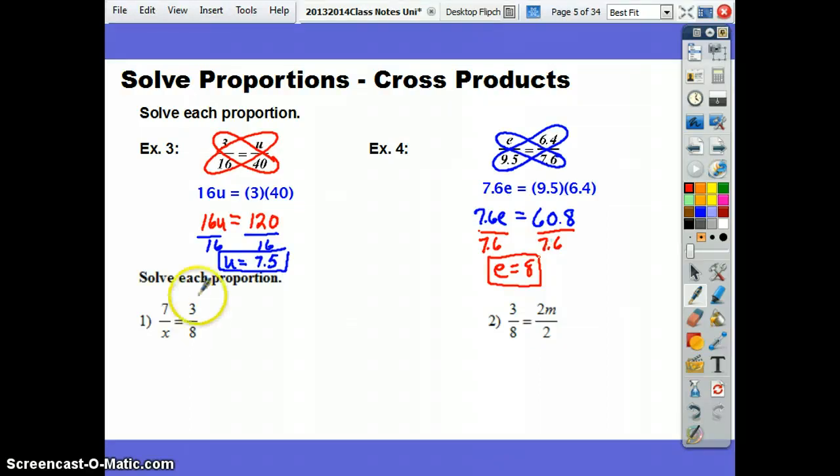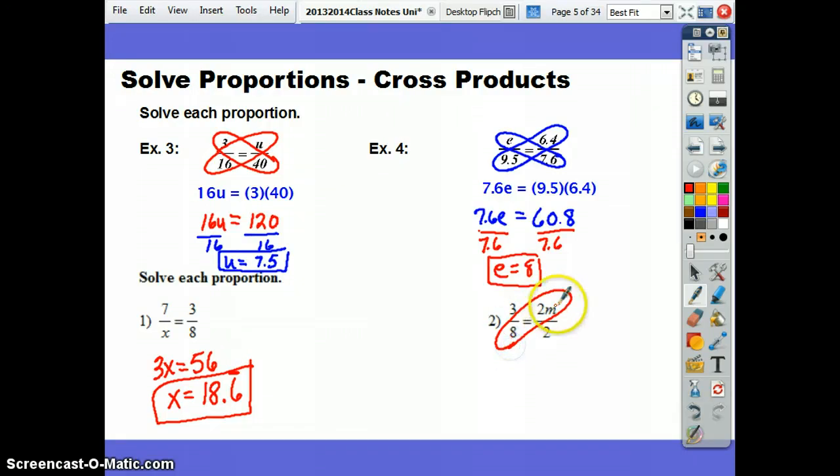Cross products, 3x. 7 times 8 is 56. Divide both sides by 3. And we get 18.6, repeating decimal. Here's one that looks a little different, but still you're going to use your cross product.